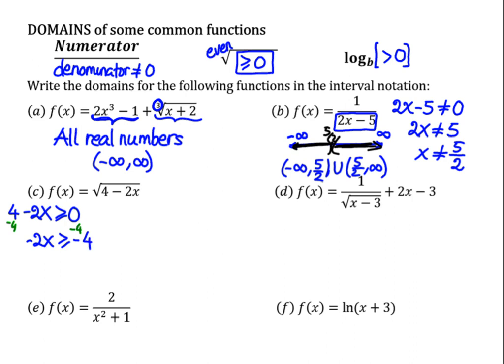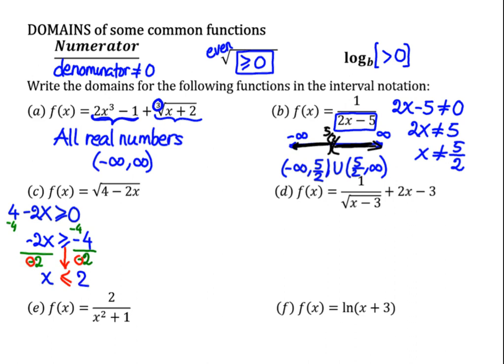Next, we will divide by negative 2 on both sides. If we divide by a negative number, remember, every time we divide by a negative number, the inequality must be reversed. So that gives us x less than or equal to 2.